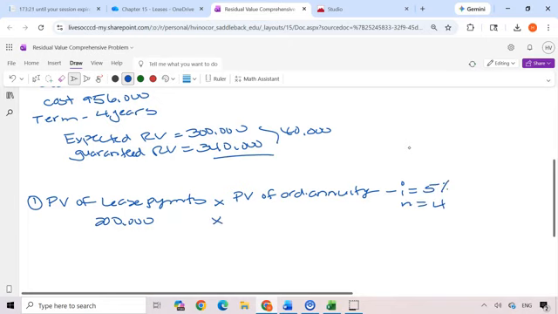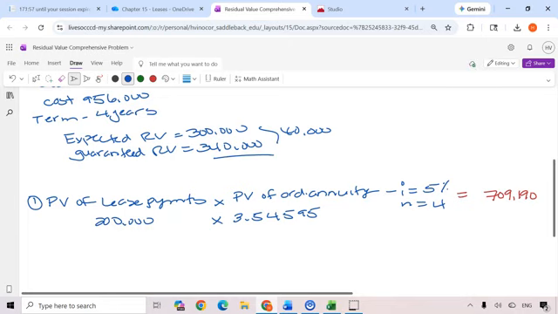When I do that, the factor is 3.54595, and that amount ends up being $709,190. So that's the first part of the lease receivable, the present value of lease payments.